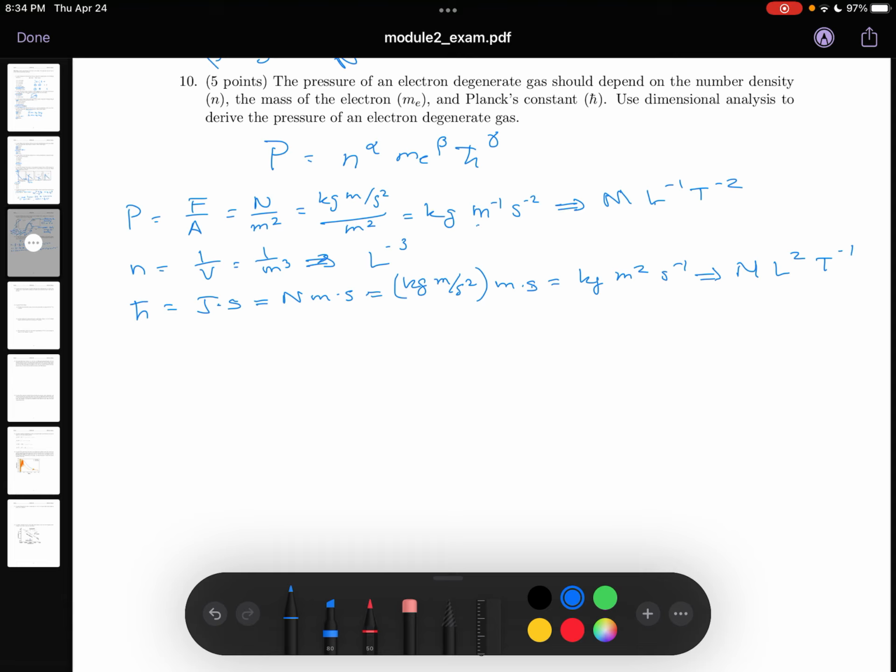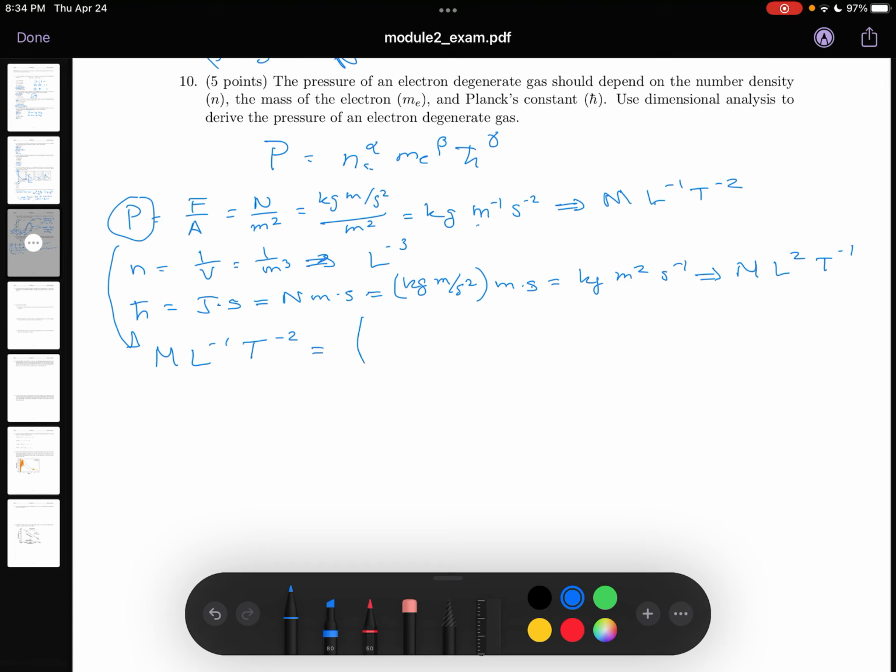So now we're ready to plug in our dimensions on each side of our equation. So my pressure comes down on the left side, so that's going to be mass, length to the -1, time to the -2. So that's my pressure. Okay, and then I'm going to do my number density up here.